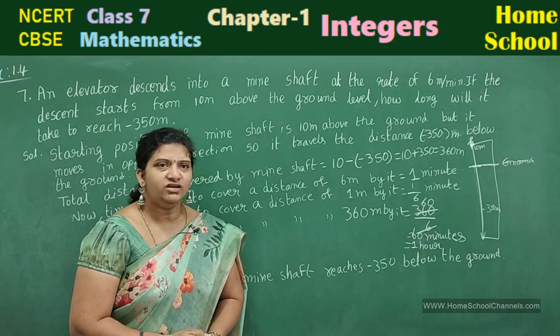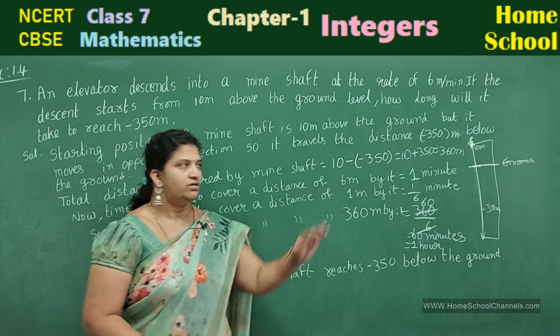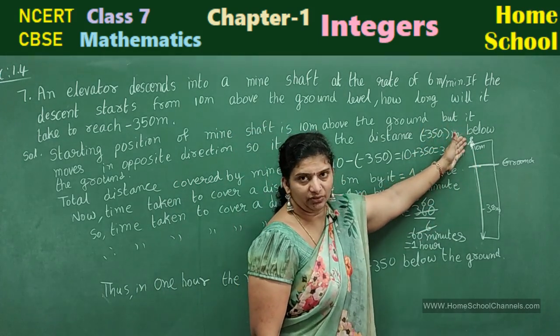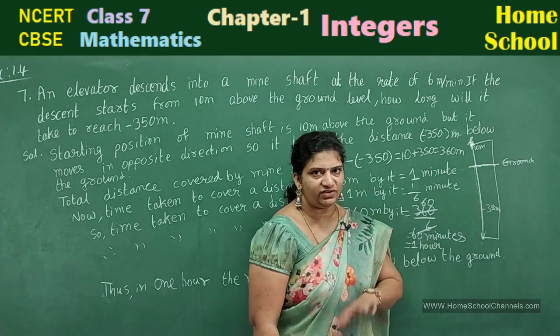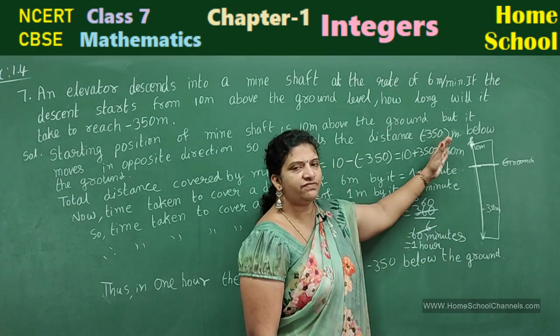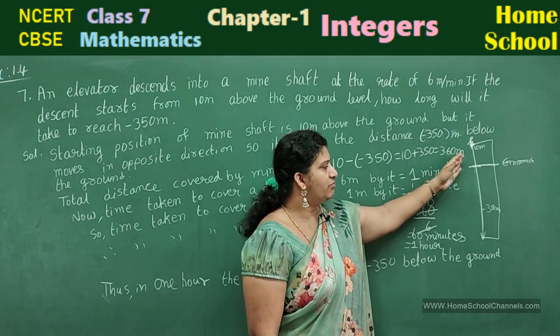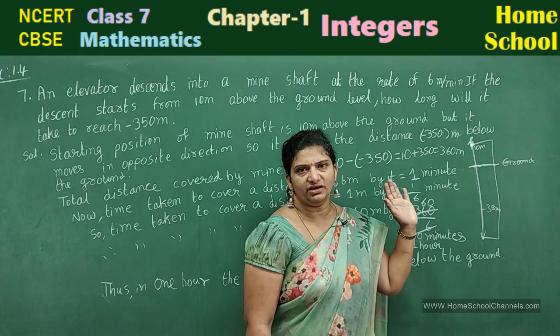Is this clear? We need to do these types of problems very carefully. Here, the mine shaft starts from 10 meters above the ground, and it should reach minus 350 meters inside the ground. First, find the total distance. How do we find it? 10 minus of minus 350, that will be 360 meters.